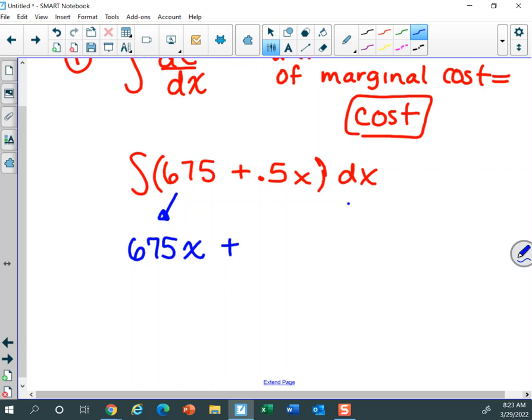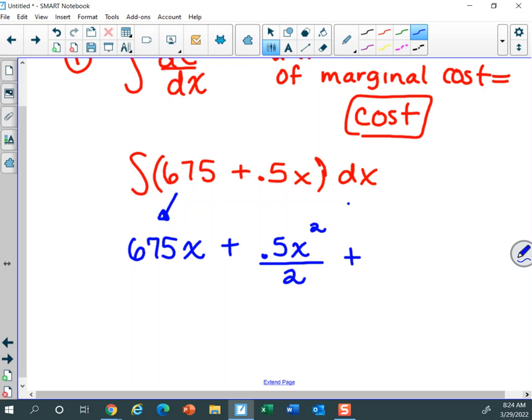And then the antiderivative of a monomial term of x with a coefficient of 0.5 is going to be 0.5 x squared over 2. We add 1 to the exponent and divide by that number.